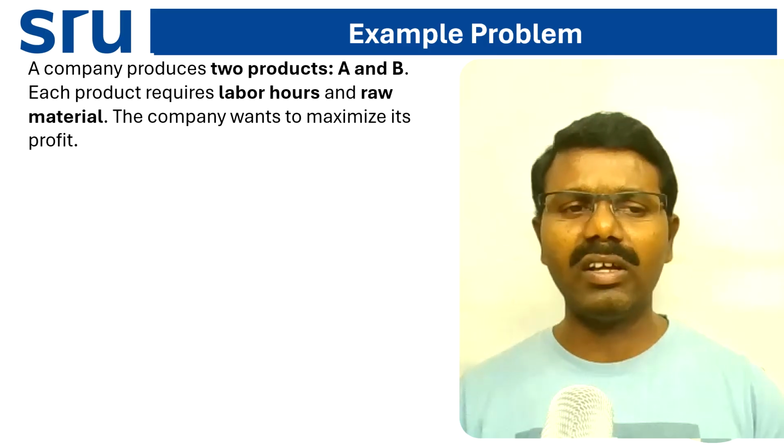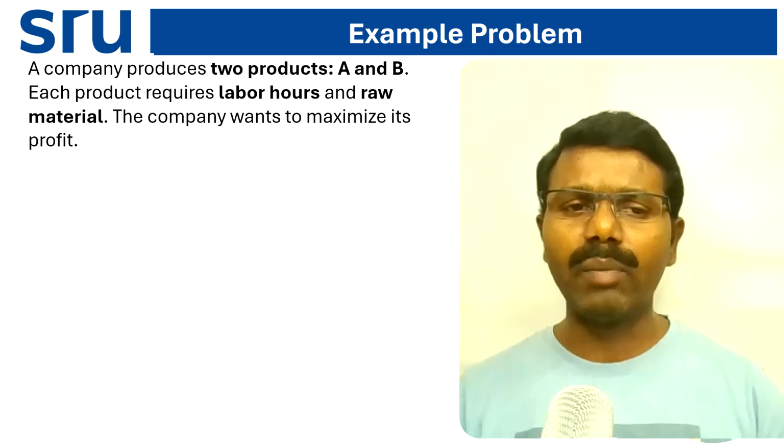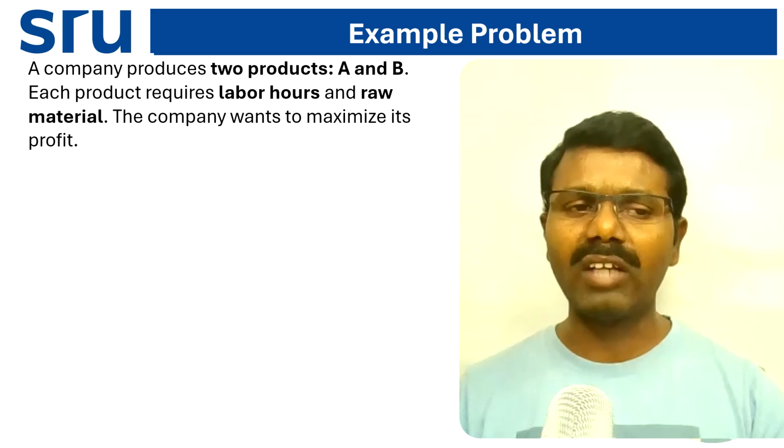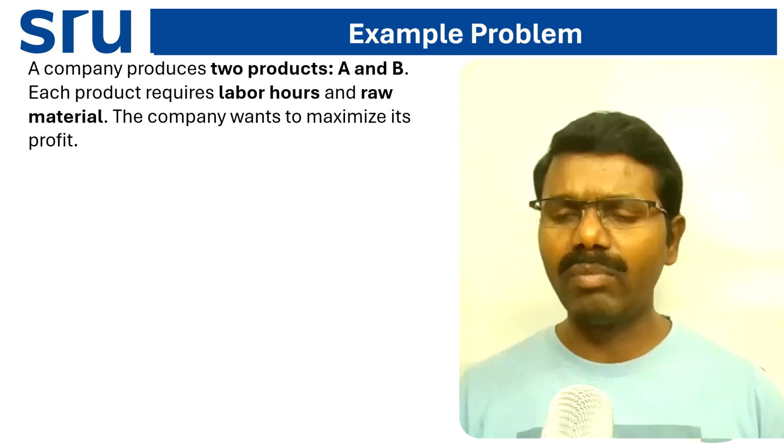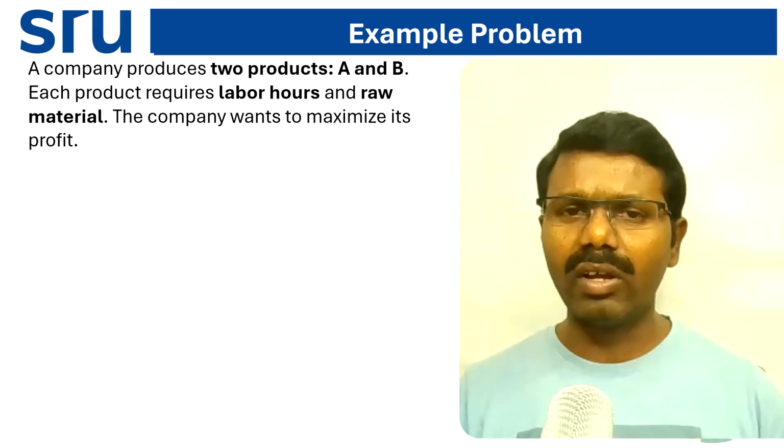In the first sentence, it says a company produces two types of products A and B. Each product requires labor hours and raw materials. The company wants to maximize its profit. From this we can understand what we need to determine.